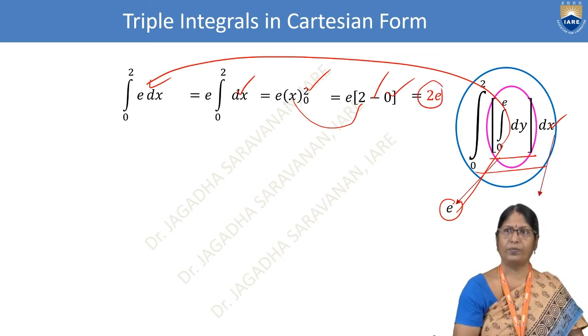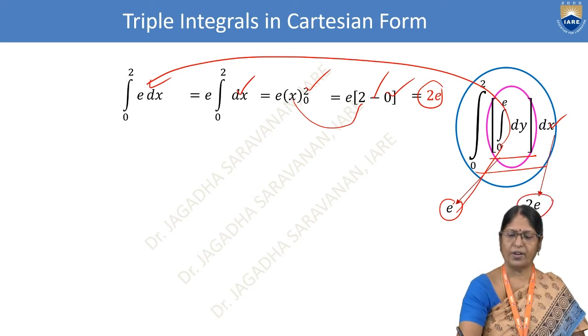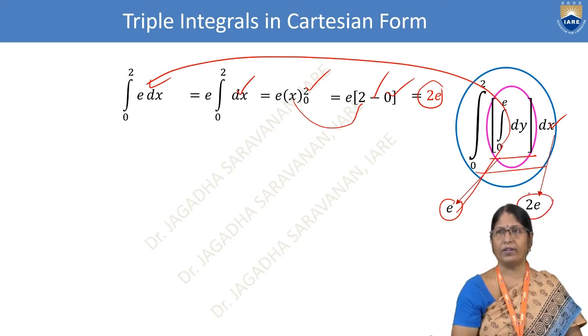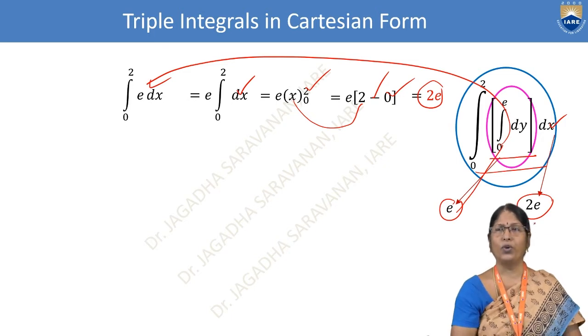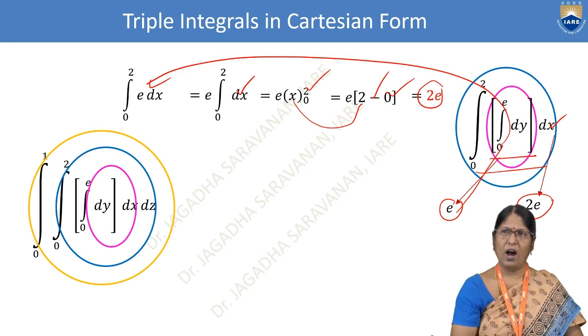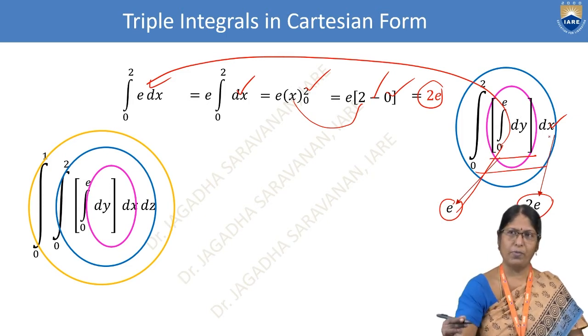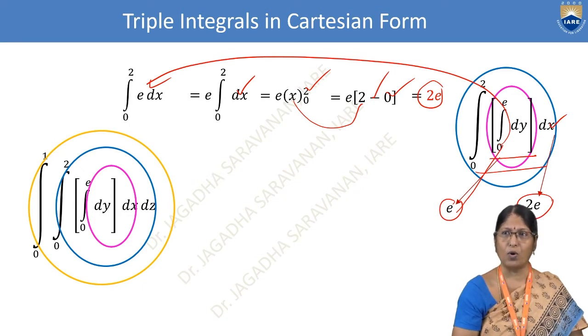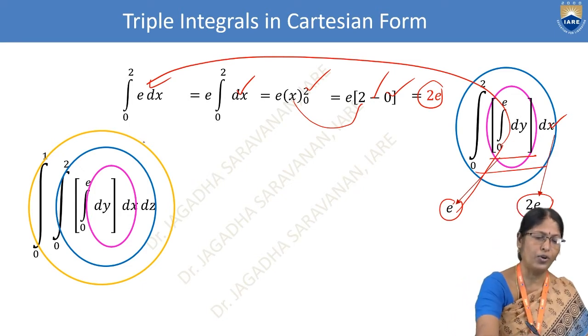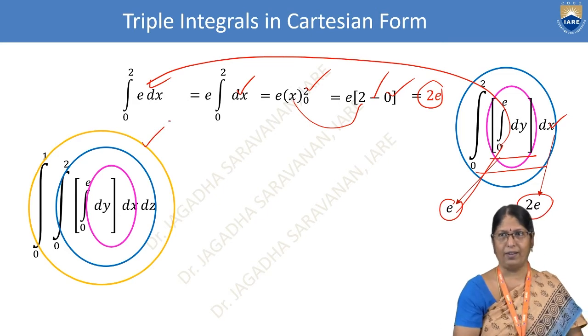Now that's what is written here. What we got, the middle integration result, is 2e, it is mentioned. Now our complete problem, the question, is a triple integral. The innermost and middle two we completed. We have to focus now on our outermost integral.